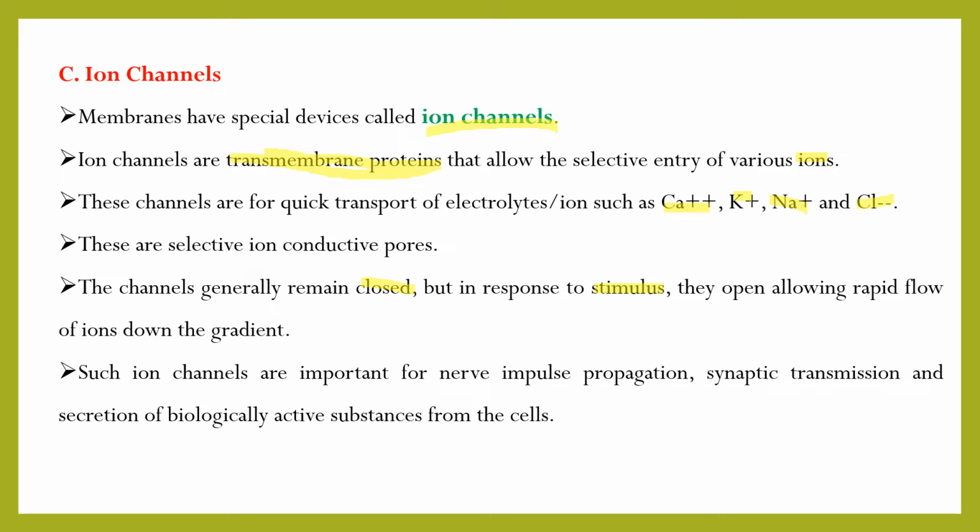But when they receive some information, or when they are triggered by some stimuli, they immediately open, allowing the flow of ions down their gradient. Therefore, in this way, ions are transported into the cell through these ion channels.